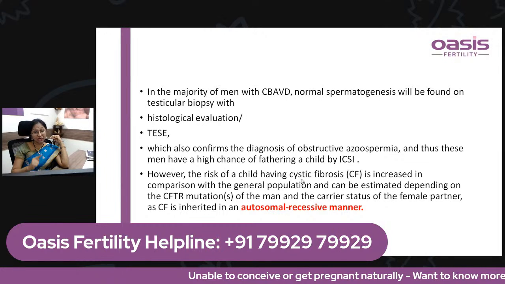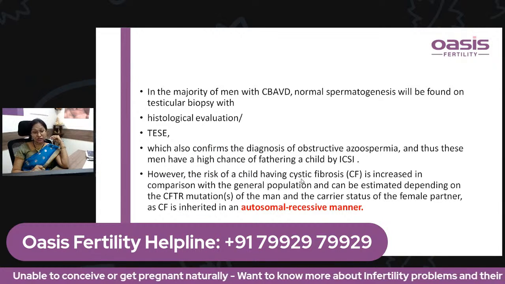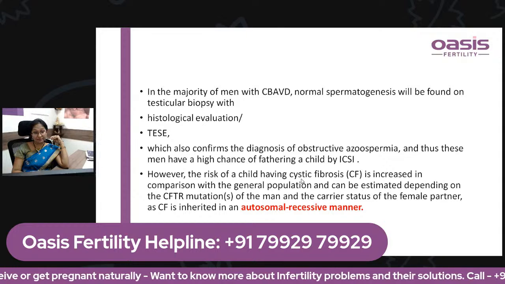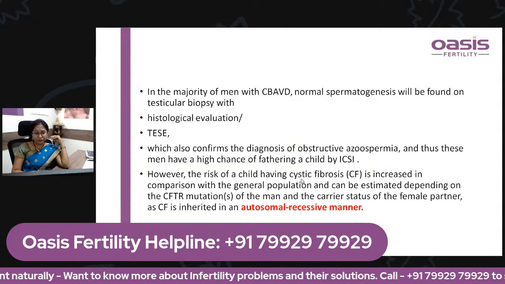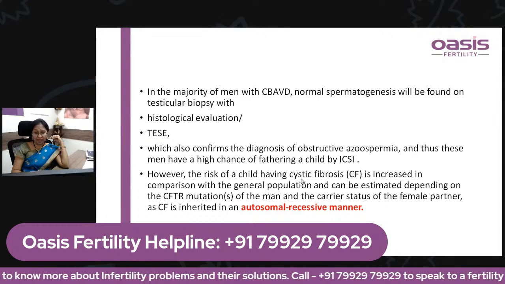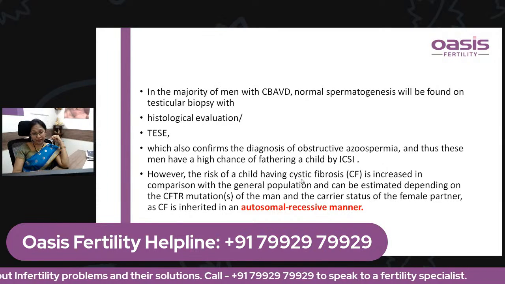However, the risk of the child having cystic fibrosis is increased in comparison with the general population and can be estimated depending on the CFTR mutation of the man and the carrier status of the female partner.